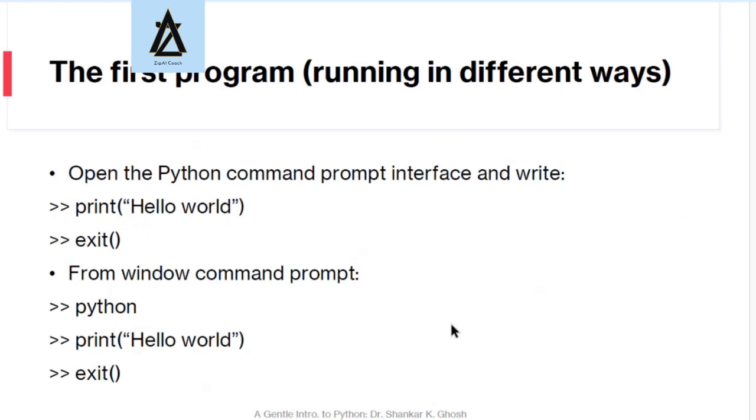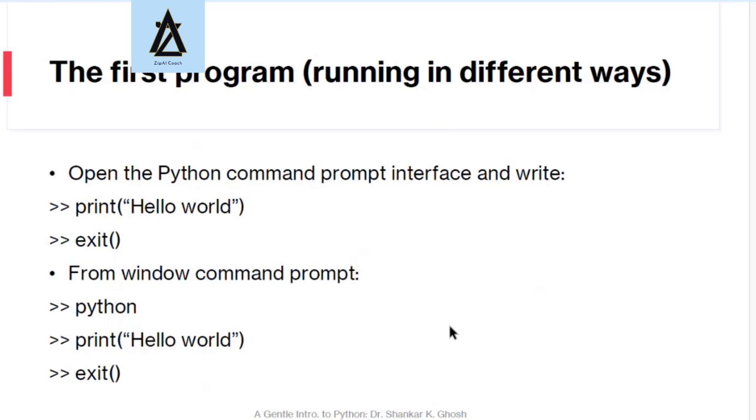The very first program that you can run: in my slide, how to write the program is presented exhaustively, and in future I will make this slide public, so you can access that also. First, you just open the command prompt, write hello world, and then exit.